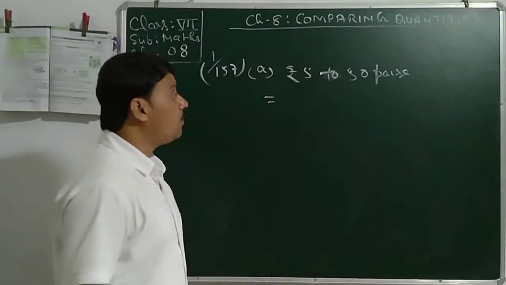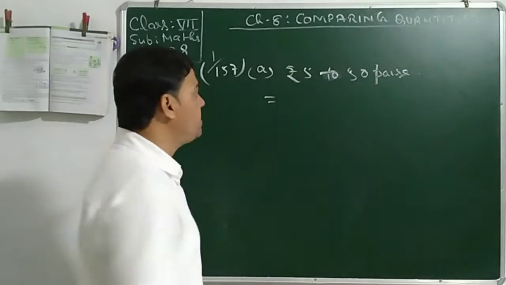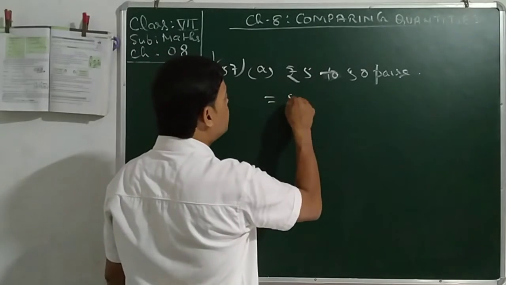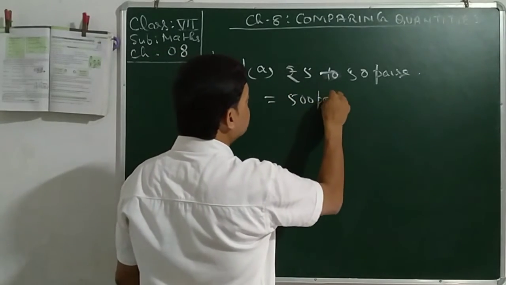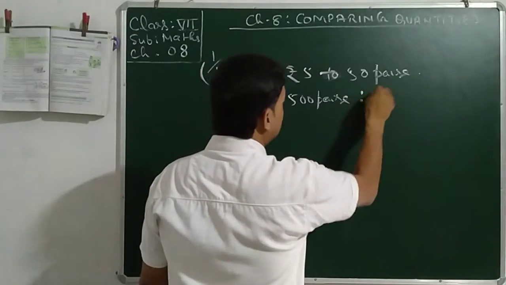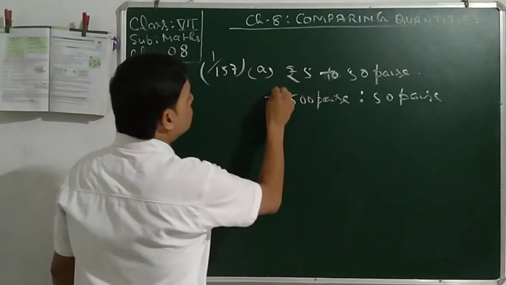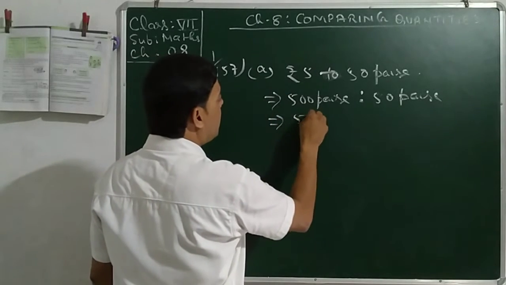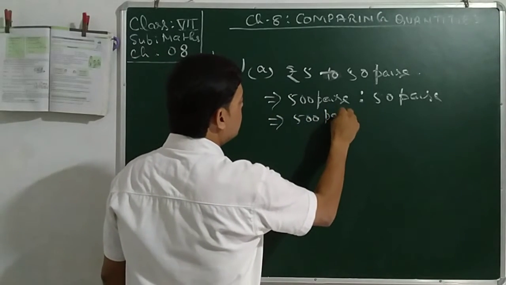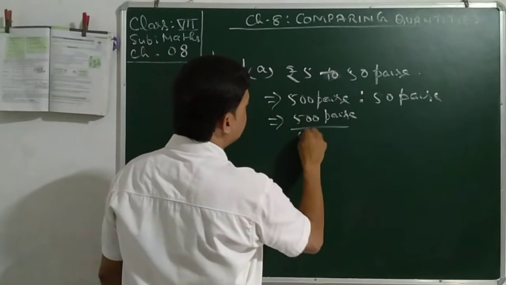So first of all we will change the units to be the same. Rupees 5 can be written as 500 paise is to 50 paise. See, we can write it as 500 paise by 50 paise.